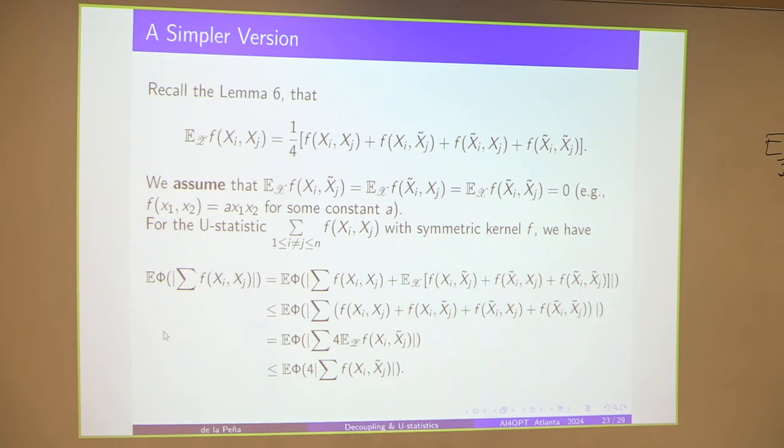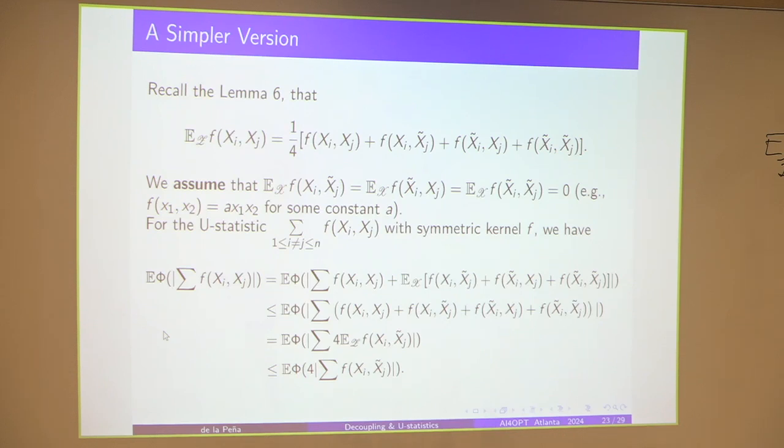Okay, so from the lemma, we have this, and so this is going to be equal to the expected value under C of f of xi, xj, which is also equal to the expected value given C of f of xi tilde, xj tilde.